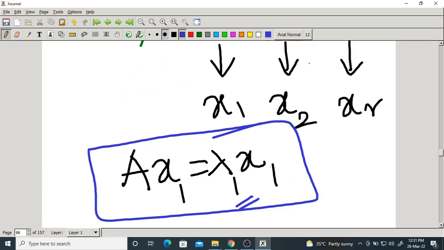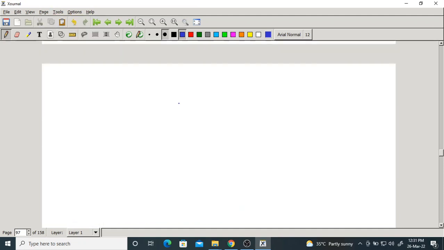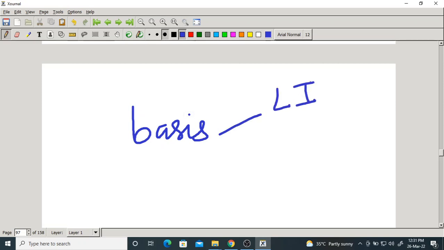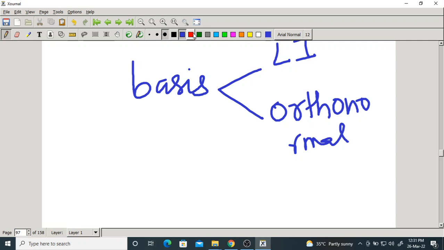Before proceeding further, what I told you about basis vectors: they have to be LI for sure, compulsory. If they are orthonormal, it is more convenient, it is for convenience.